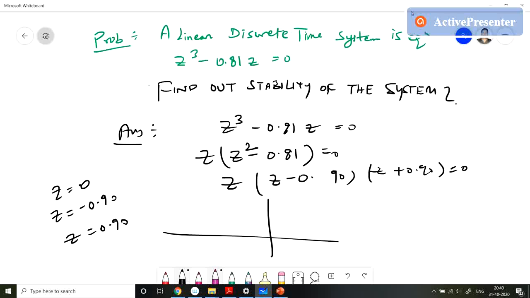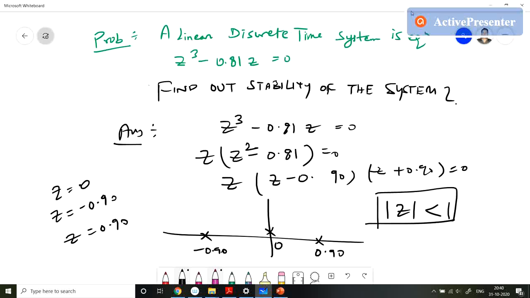So we have poles at 0, 0.90 and minus 0.90. For stability, modulus of z should be less than 1. The modulus of z is 0.90, so all the poles are inside the unit circle.